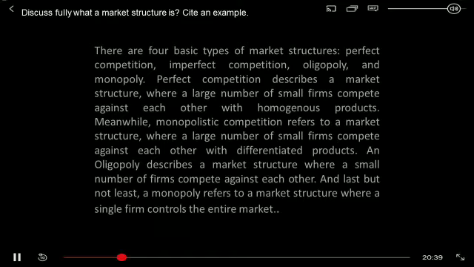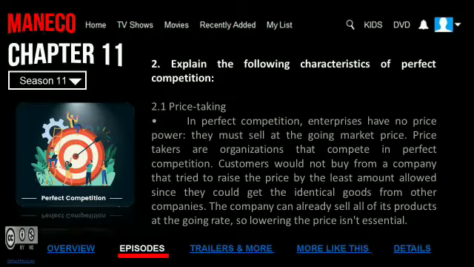An oligopoly describes a market structure where a small number of firms compete against each other. And last but not least, a monopoly refers to the market structure where a single firm controls the entire market.